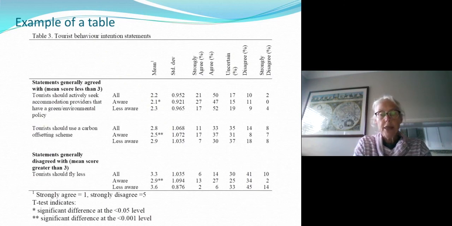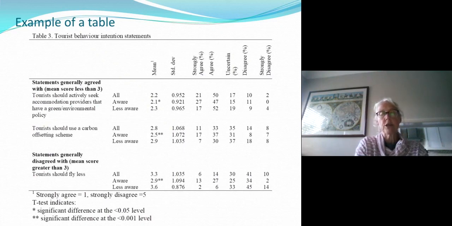Then in the next column, we put people into 2 groups, to do with their awareness of climate change. The first one is all, that's all respondents, and then the next 2 are whether they are aware of climate change or less aware of climate change.